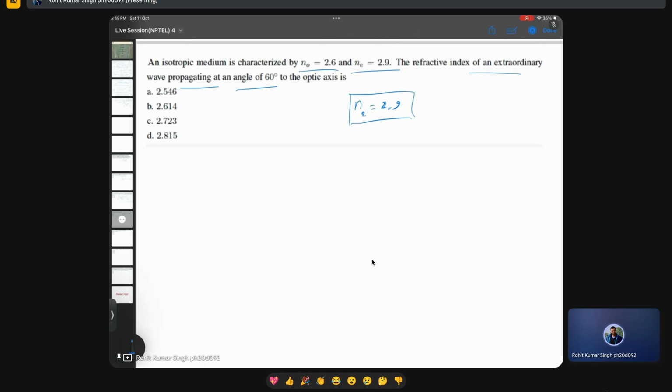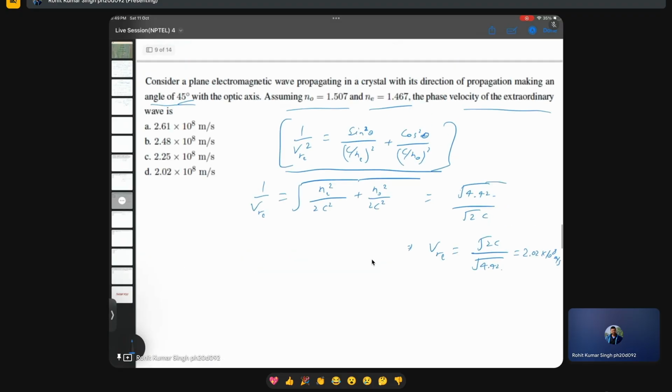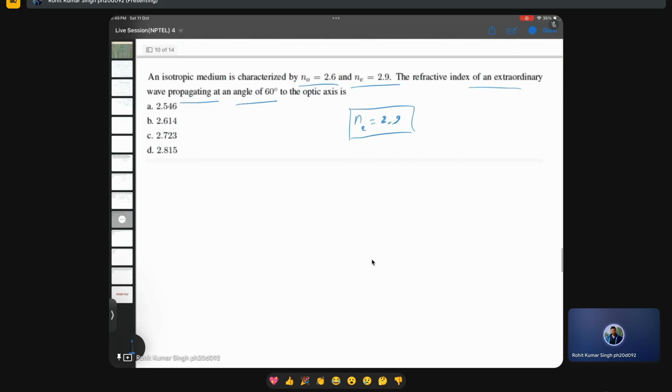When you have an extraordinary wave, we know that the refractive index for the extraordinary wave depends on the angle to the optic axis that it is traveling. Sorry, the velocity of the extraordinary ray.